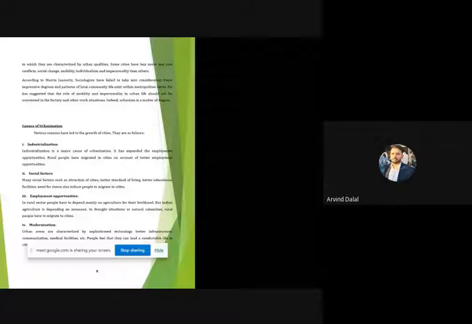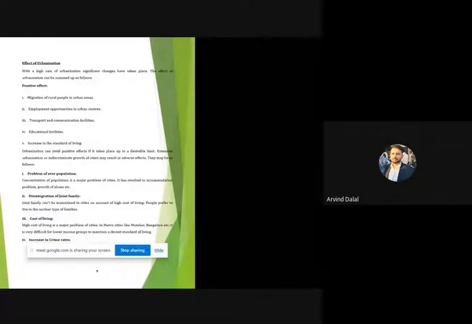People are shifting to urban areas for better employment opportunities. And for modernization: urban areas are characterized by sophisticated technology, better infrastructure, communication, and medical facilities. Most of the facilities are available in urban areas. That's why people are shifting, and these kinds of facilities are also shifting to rural areas nowadays.